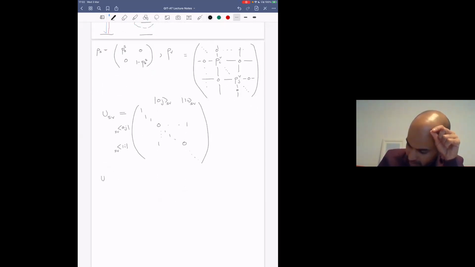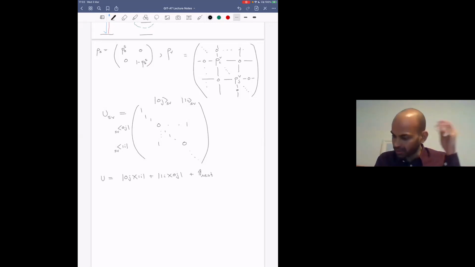So another way of writing this is to say that the unitary is equal to the swap between these two states, so 0j goes to 1i plus 1i goes to 0j, plus the identity operator on the rest, on all of the other states.